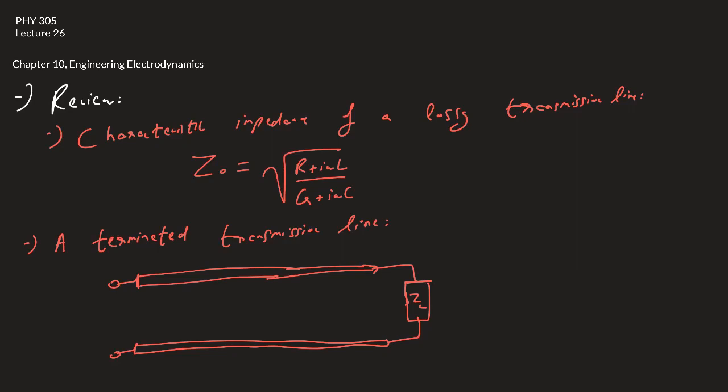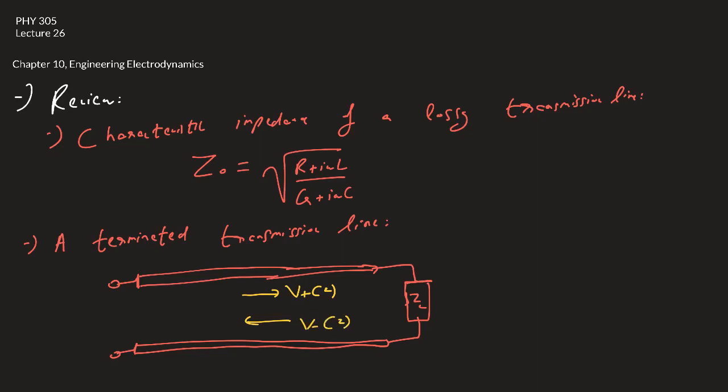And basically what the effect of the load was that we said that you will have some forward propagating V plus of Z and some backwards propagating V minus of Z, right?